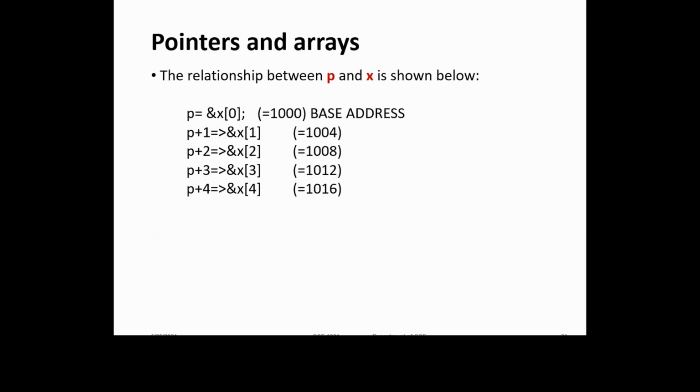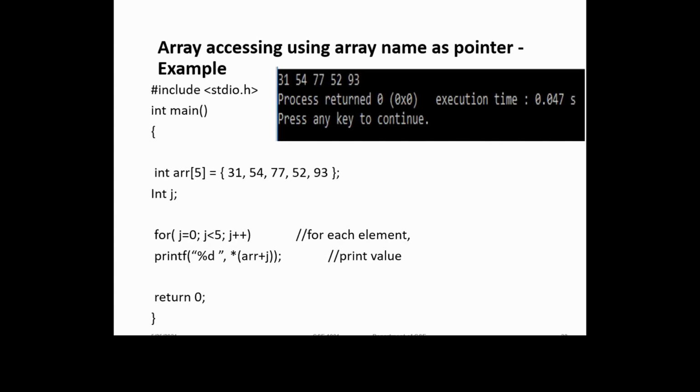It is a loop control variable. It means we have to apply a loop there. So it is for j = 0, j < 5, j++, *(array + j). Here array is the address of the first element. So for 0 it will be the first, for 1 it will be increased accordingly.